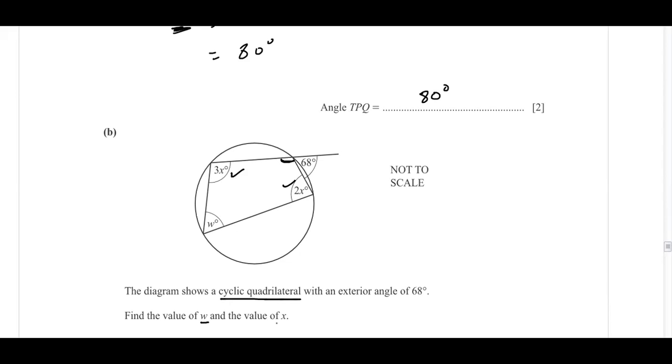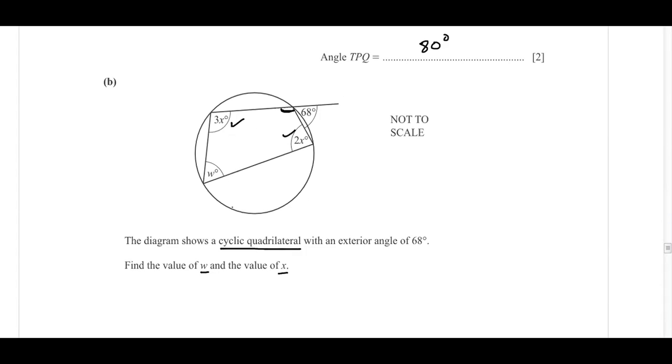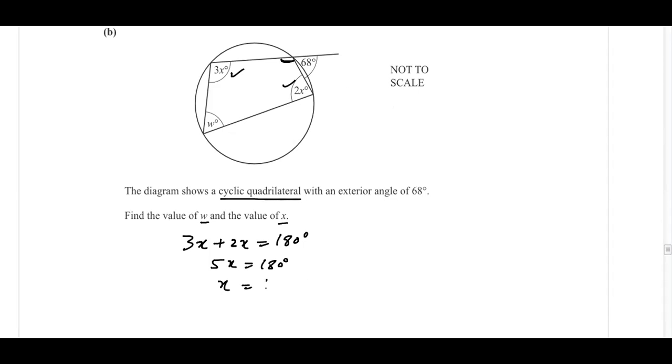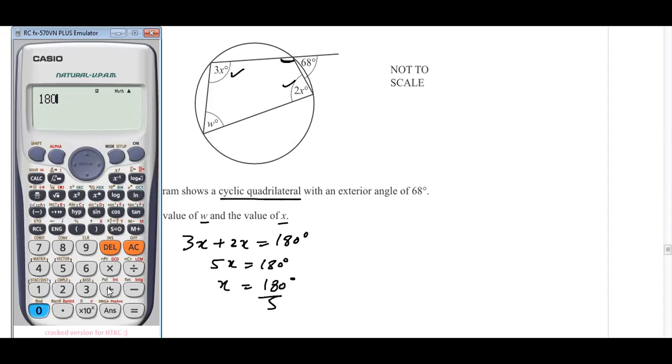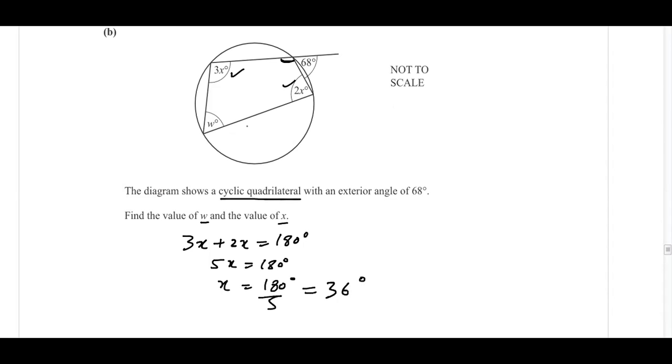We have been asked to find W and X. It's simple. 3x plus 2x, because it is a cyclic quadrilateral and the opposite angles make 180 degrees, will be 180 degrees. So that will become 5x equal to 180 degrees. So x equals 180 degrees divided by 5. Calculate it, 180 divided by 5, 36 degrees. It means x is 36 degrees.